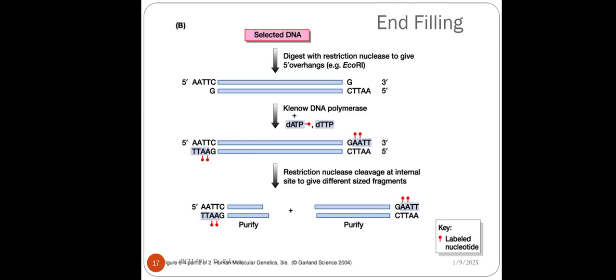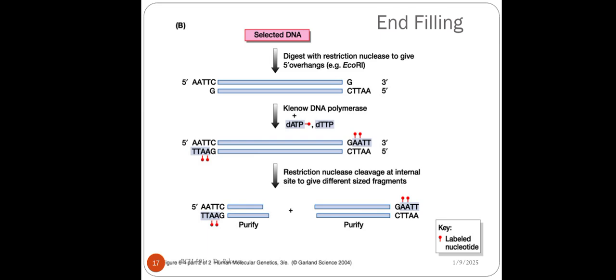You can see when the end is filled based upon complementarity, where T's are present, A's will be added, and the A's provided in this solution are the labeled ones. Sorry, not the radio labeled, the labeled ones. So when they fill, you will have the DNA with the terminal, not actually terminal, but because they are present towards the end, I'm saying terminal.